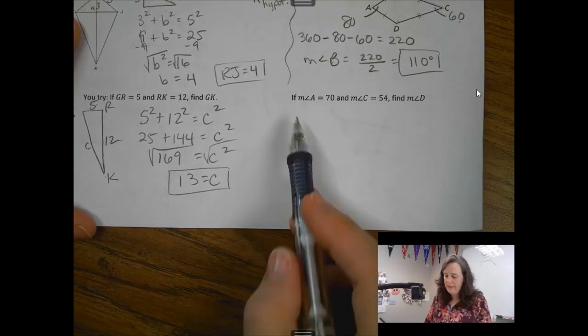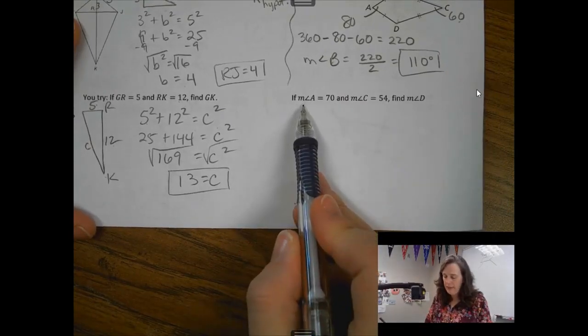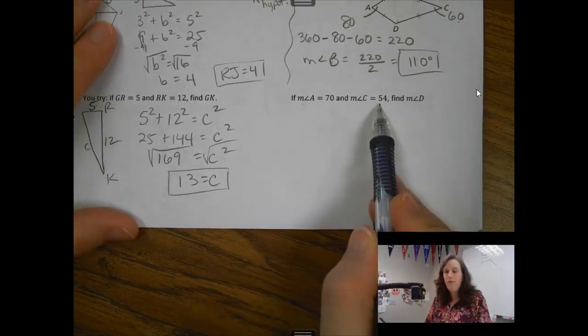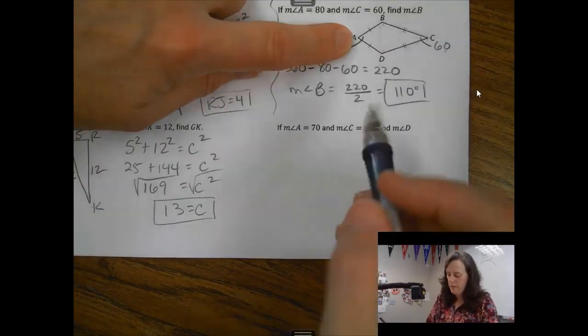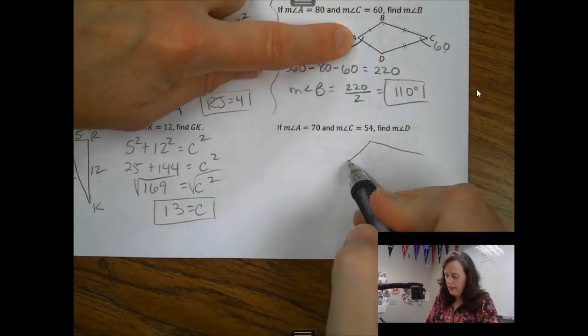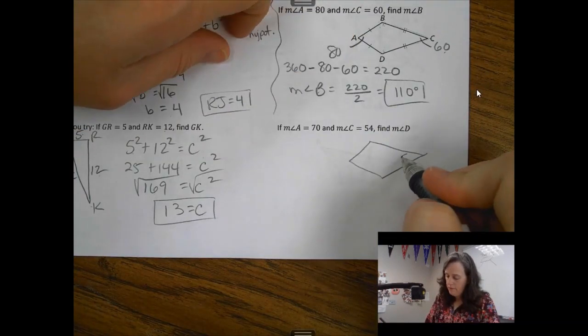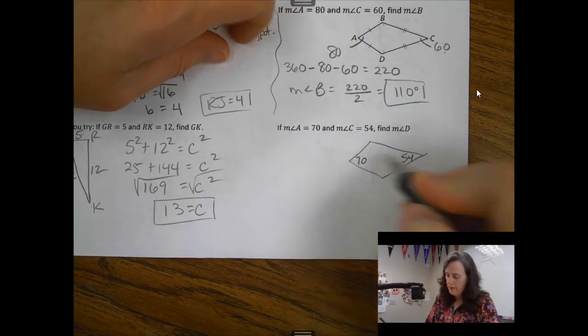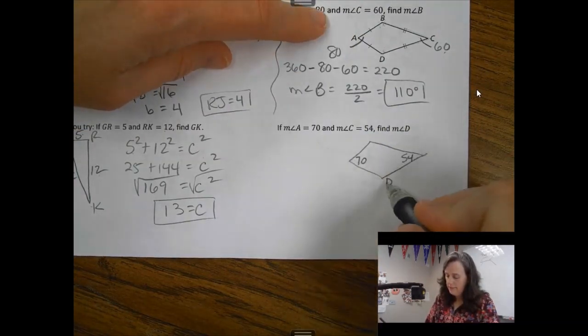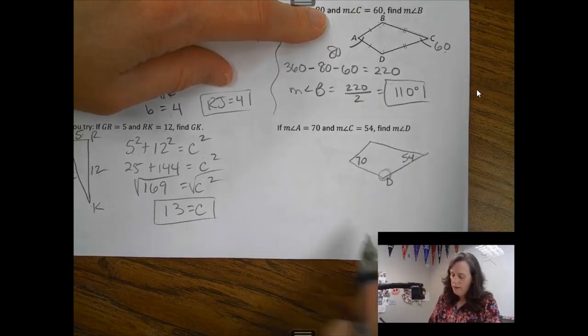All right, and then the last thing, the measure of angle A is 70. Measure of angle C is 54. Oh, so we're looking at this thing again. So we've got the same kite, this time 54 and 70, but they want D. They want to know this guy.